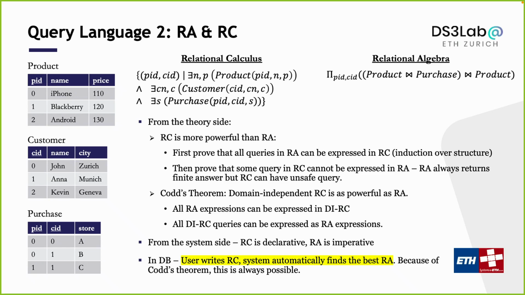And that is the beautiful thing. You will never find a case where the user gives you a query that the system does not know how to answer. And that's the beauty behind this theorem. That is why we are able to build a relational database system where the user writes calculus, but the system runs it as algebra. So this is the fundamental theory behind a relational database system. And that is how we get the power here.